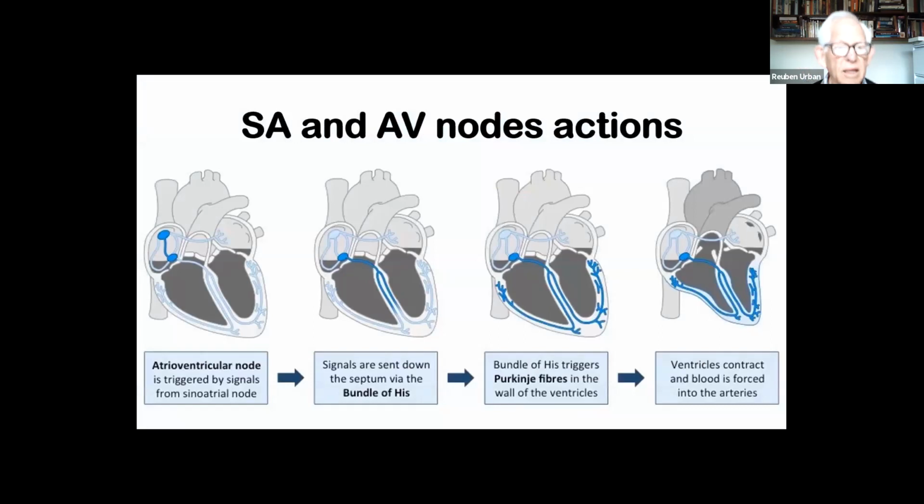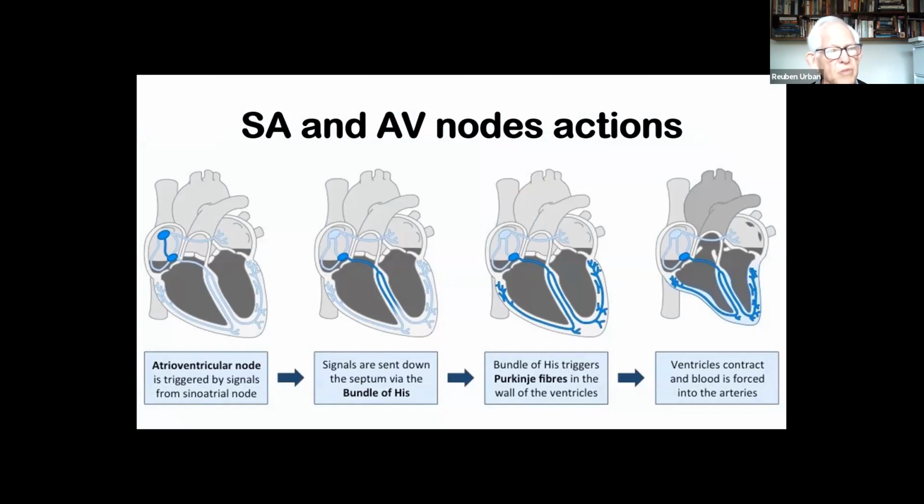Now, this is an interesting little diagram here. So here's a heart, the AV node, sorry, the atrioventricular node, AV, so the SA and AV.